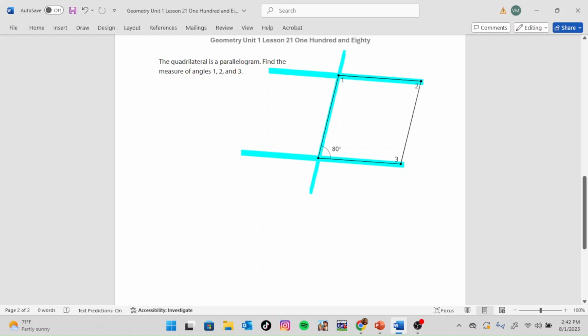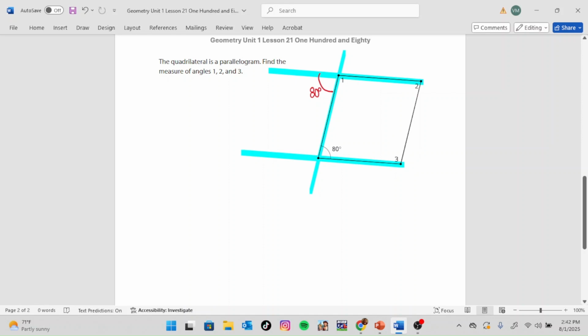So if this angle here is 80 degrees, then we know that this angle here is also 80 degrees because they're opposite interior angles.